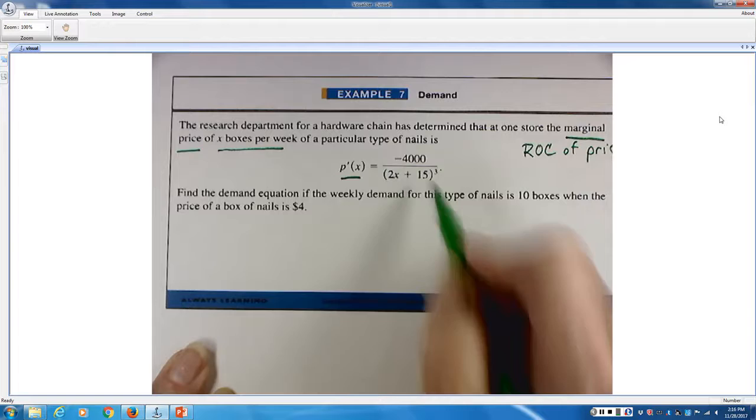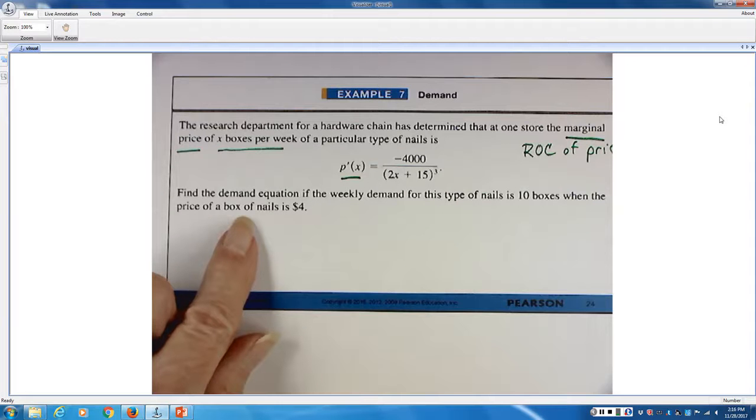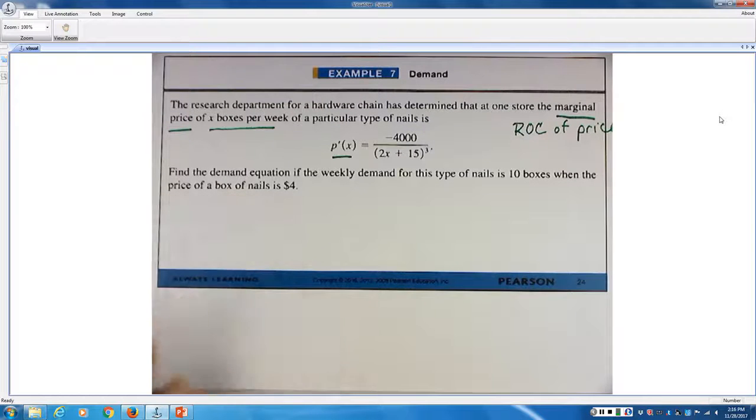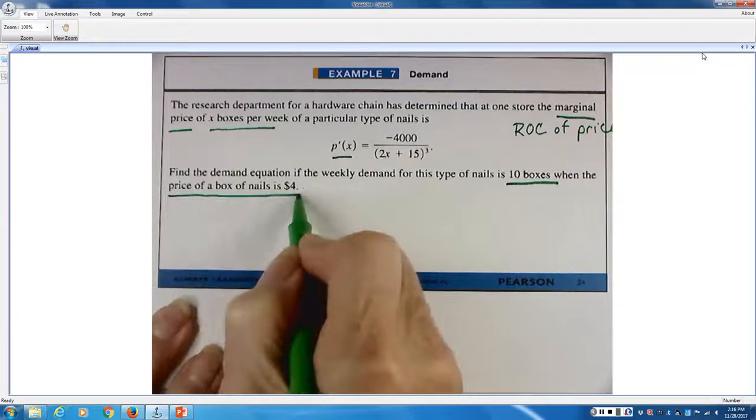And this is the expression they gave us, and it says to find the demand equation if the weekly demand for this type of nails is 10 boxes when the price of a box is $4.